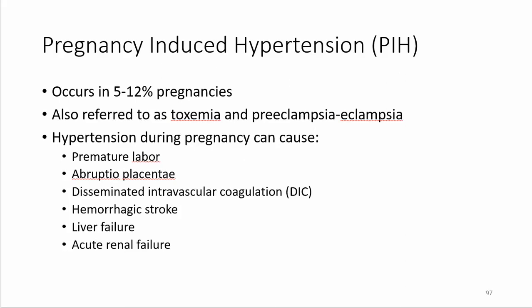The results of pregnancy hypertension, preeclampsia, can be things like premature labor, abruptio placentae, placental abruption is the more common way to say that, and that is really a premature detachment of the placenta.